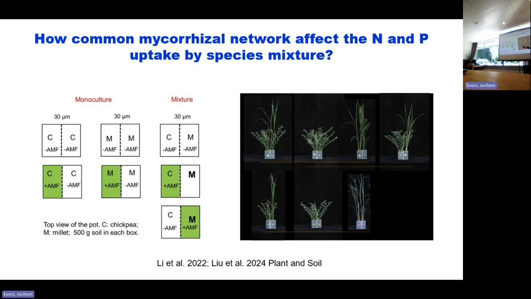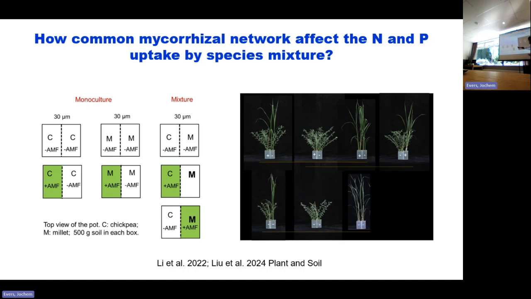With the root mesh, there is no direct root interaction, but the fungal hyphae can transfer, and the root exudates also can transfer between the two root compartments.